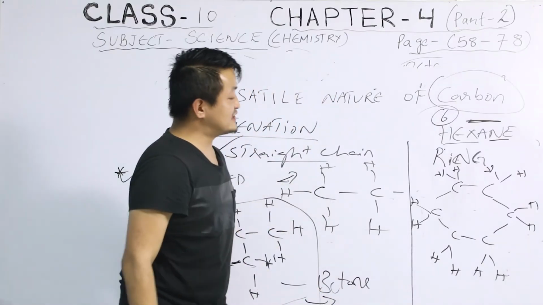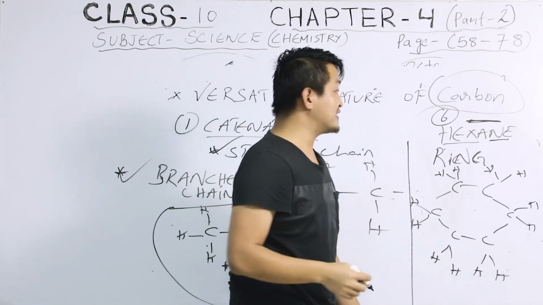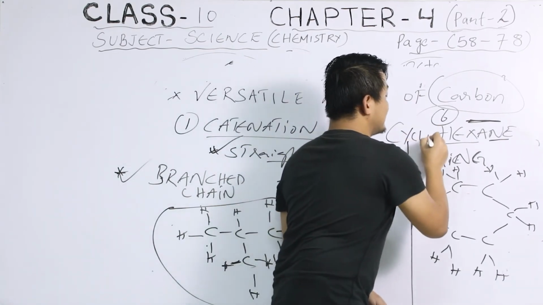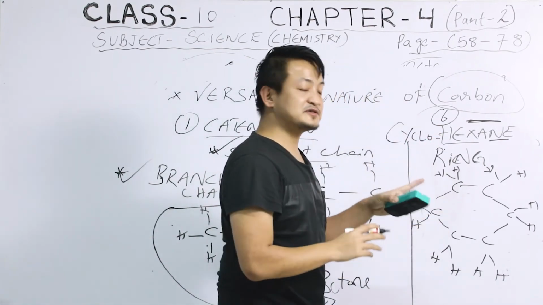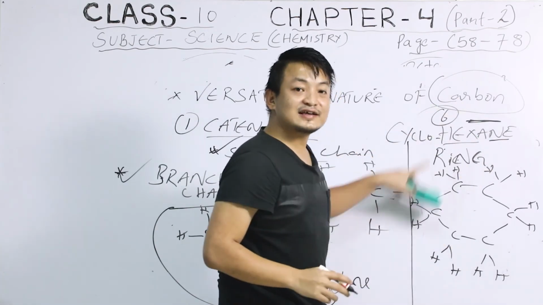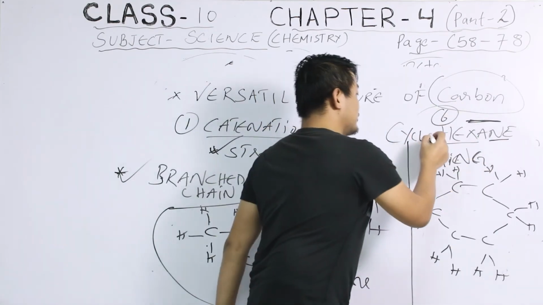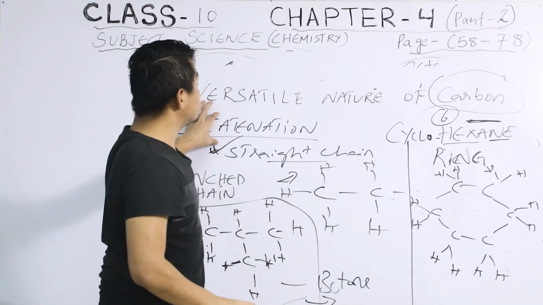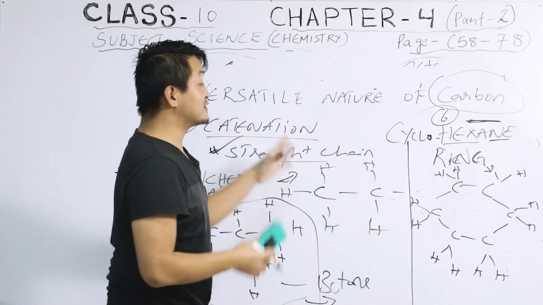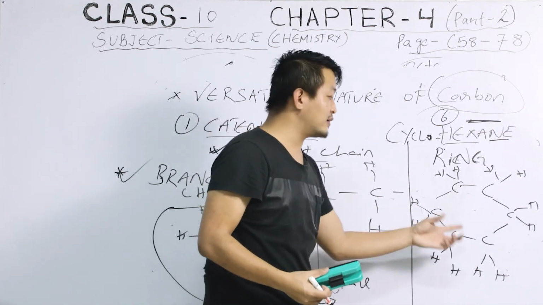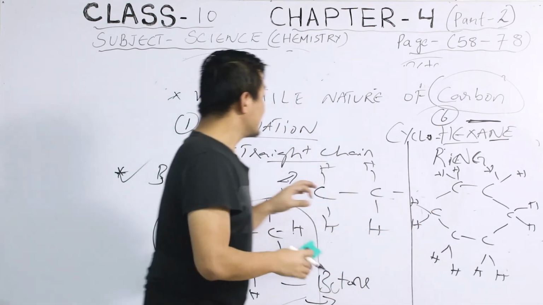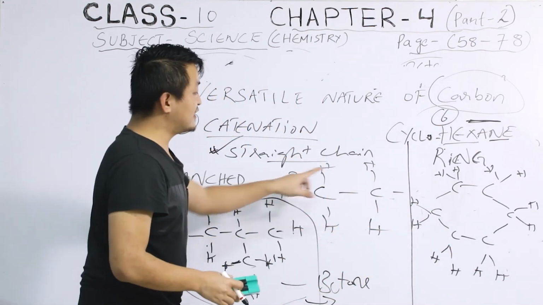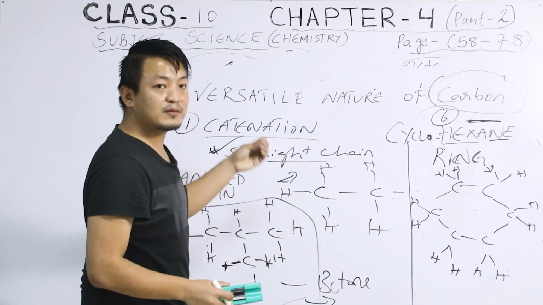Okay, so students, this structure we'll call cyclohexane. This cyclo comes because it is cyclic in structure. So these are just examples under catenation. This is the uniqueness of carbon, the ability to link itself. Self-linkage property of carbon atom.